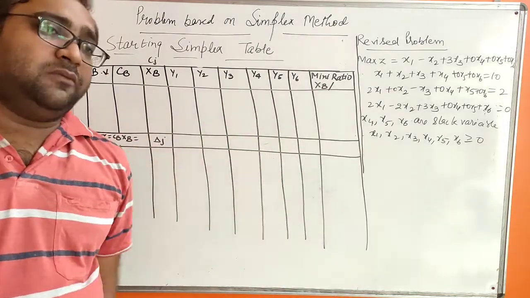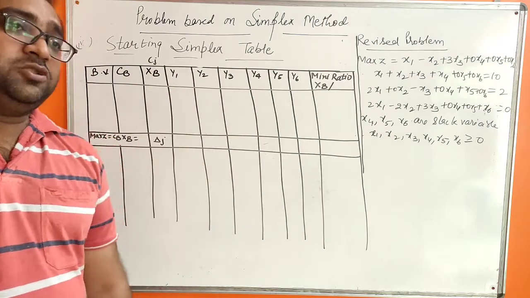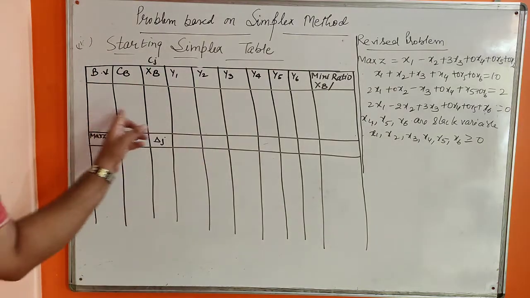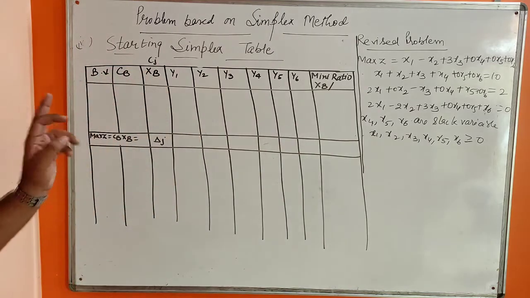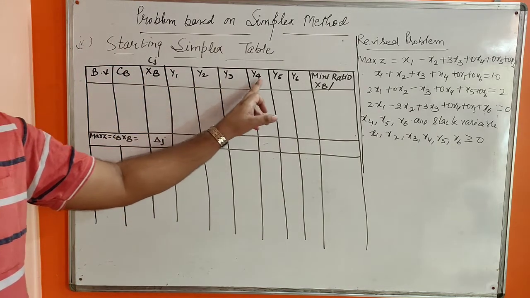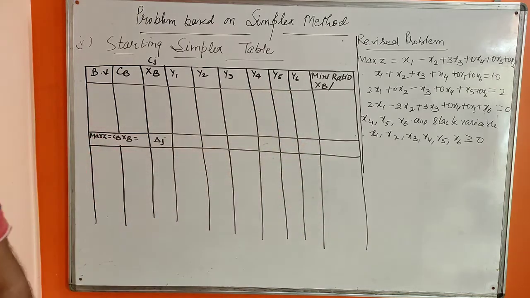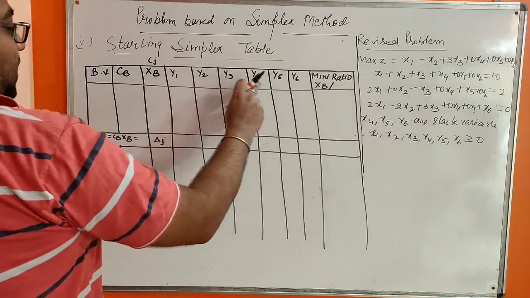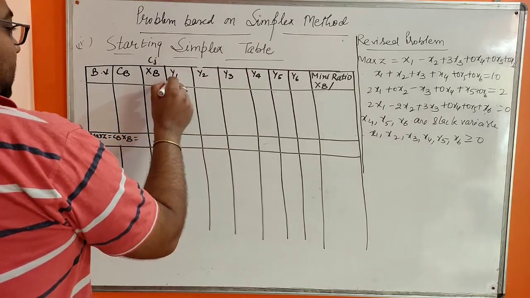So there are 6 variables and 4 fixed columns, that is a total of 10 columns. These are: basic variable, cost, xb, y1, y2, y3, y4, y5, y6 and the minimum ratio xb upon y.